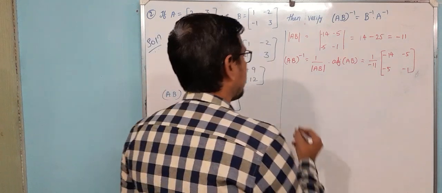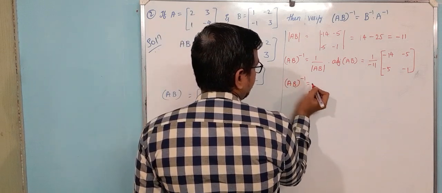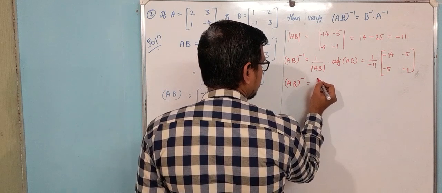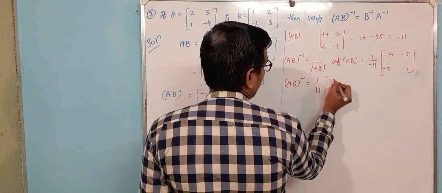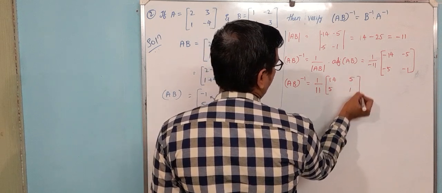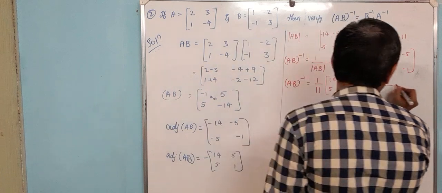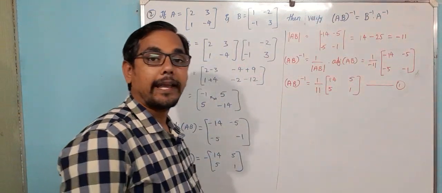So AB inverse is 1 upon 11 into [14, 5; 5, 1]. Mark it as equation 1. This is our AB inverse.